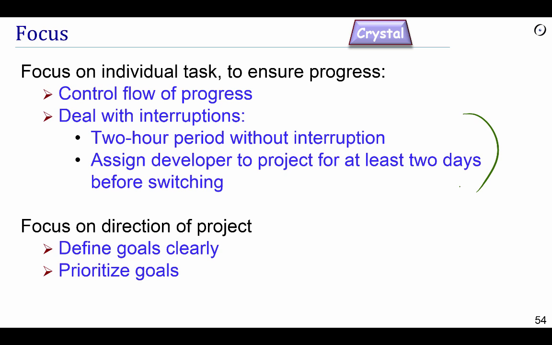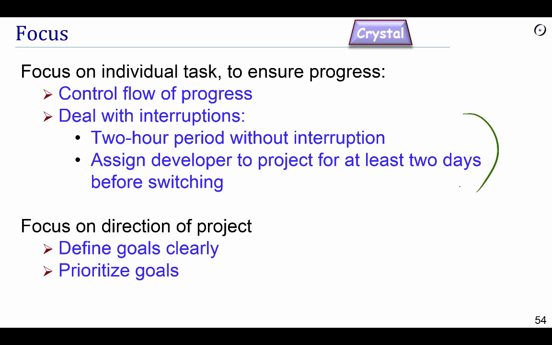One precise kind of advice that he gives is to deal properly with interruptions. One of the banes of software development, in his view, is the constant occurrence of interruptions for developers, and so he suggests, for example, having a rule that there are 2-hour periods without any interruption whatsoever.